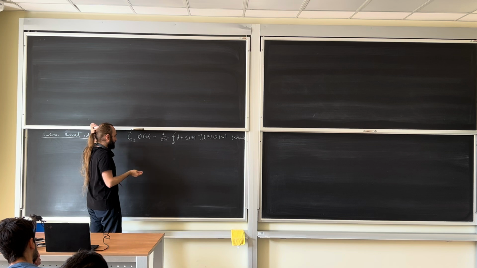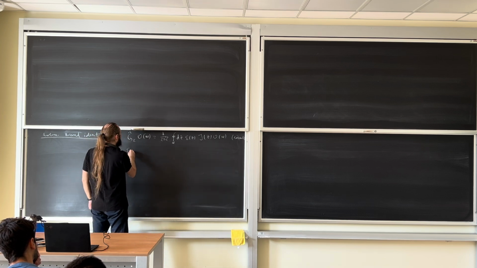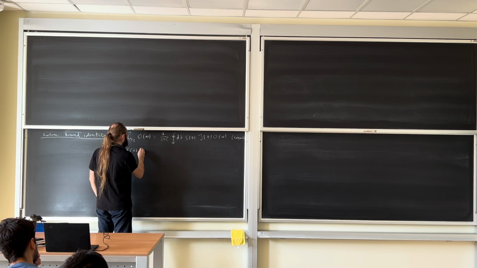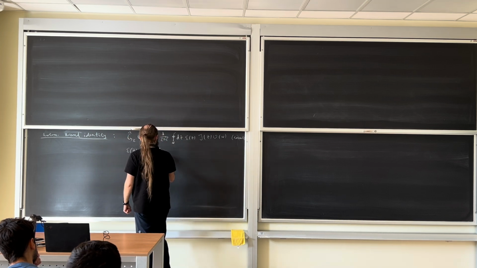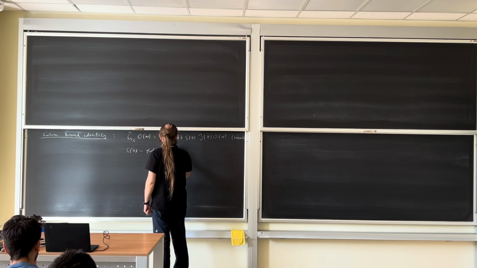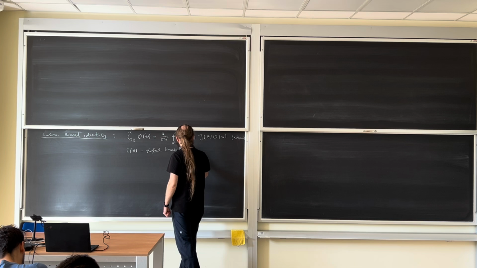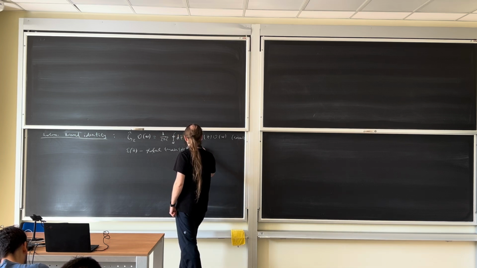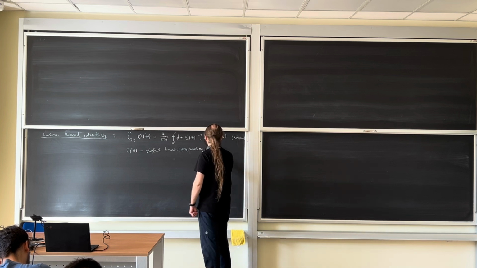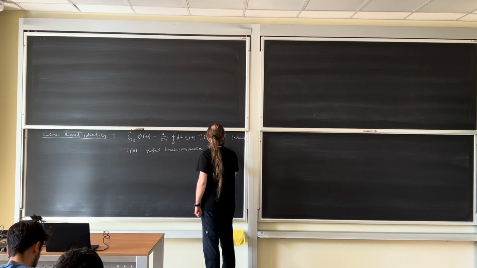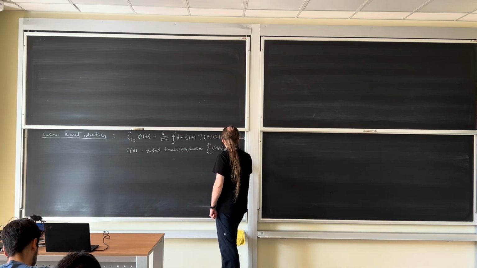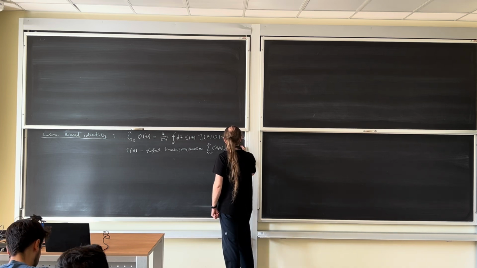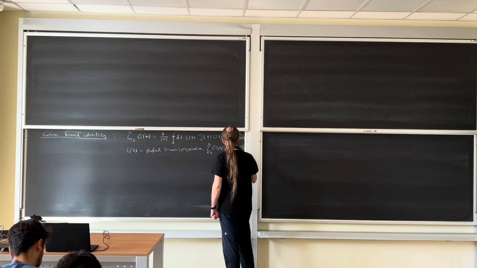And there was also a global version of this Ward identity that tells that if epsilon of z is some global transformation, then the sum of such objects is 0.